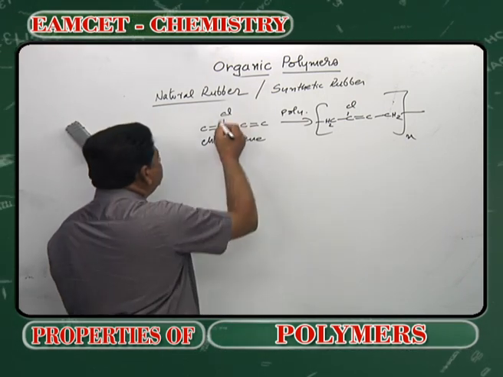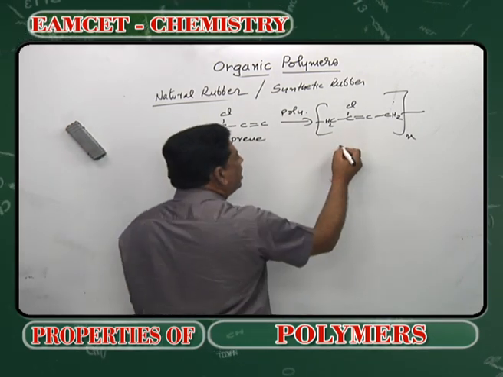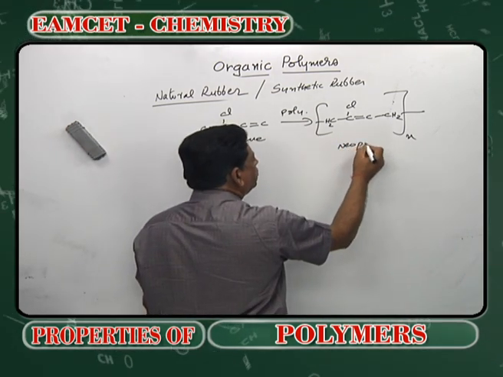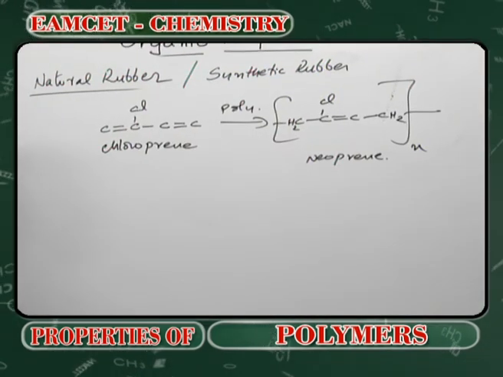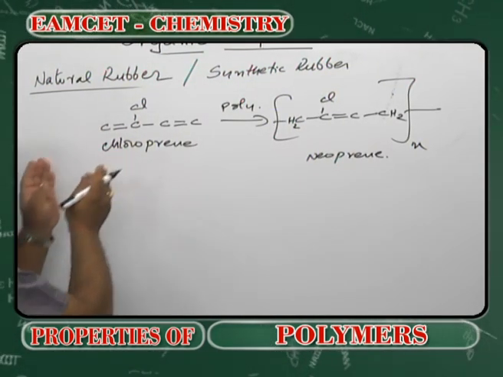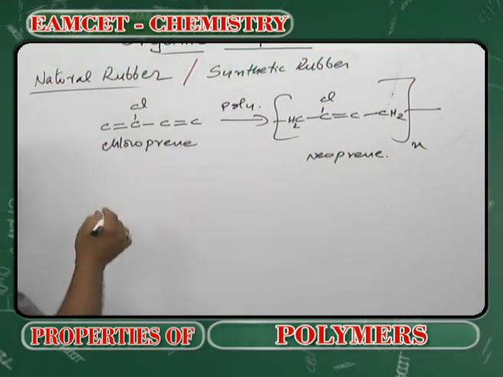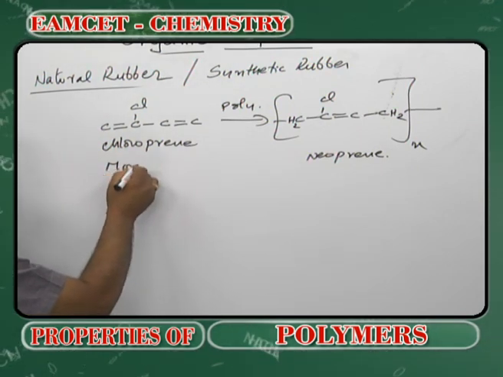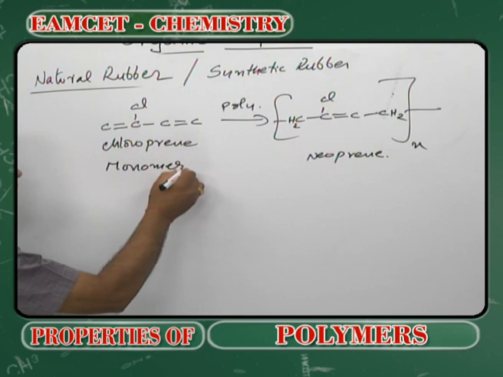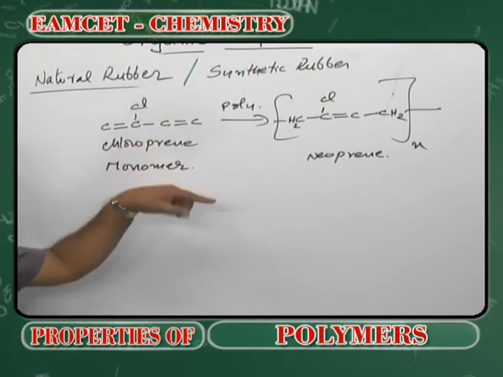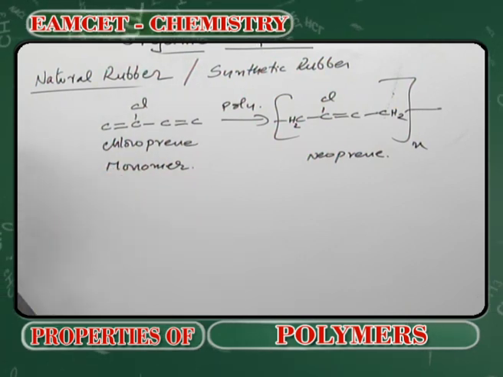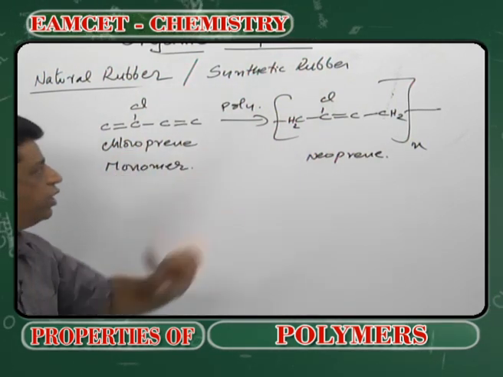So, if chlorine is there, the chloroprene polymer formed is called neoprene. A question may be asked, where is neoprene prepared from? This is the polymer, and the single molecule that makes the polymer is called the monomer. So, a question may be asked, what is the monomer for neoprene? Chloroprene gives neoprene.